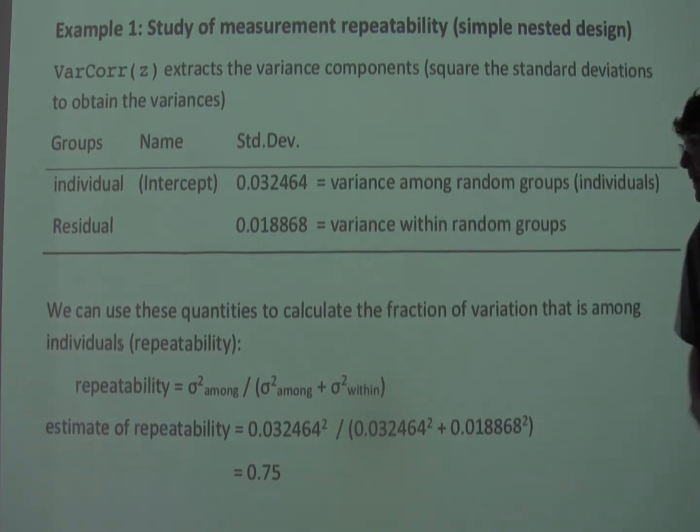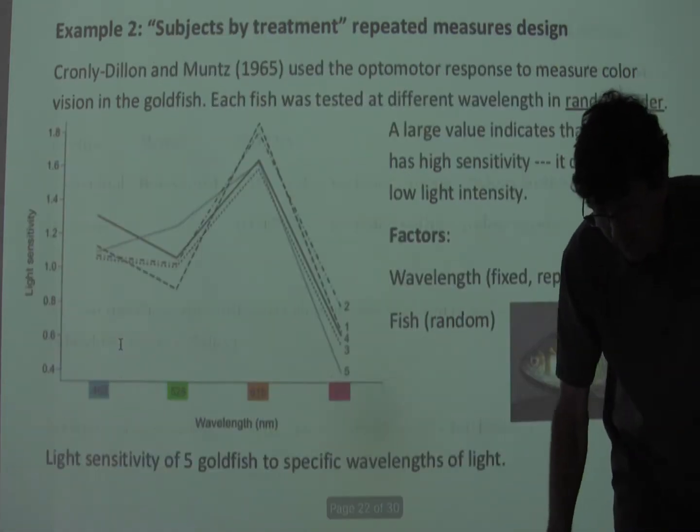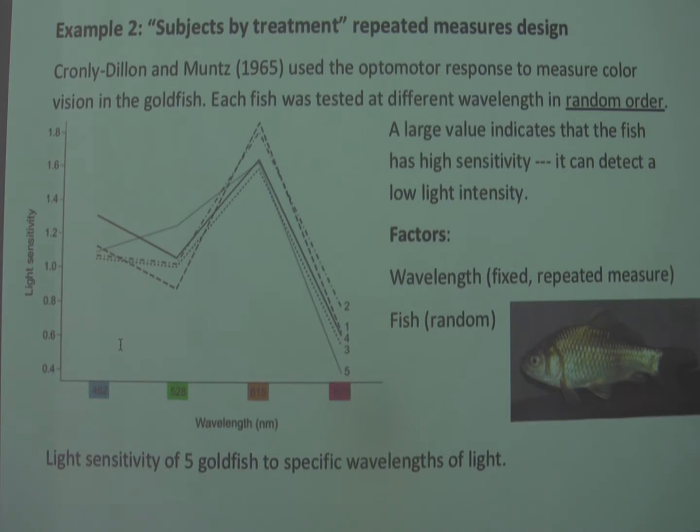And in this case here we get a value of 0.75. So 75% of the variation among all these measurements is real. It's variation among bugs. But 25% of the variation in the measurements is measurement error, which is also reasonably high. It's better to know that than not to know it.